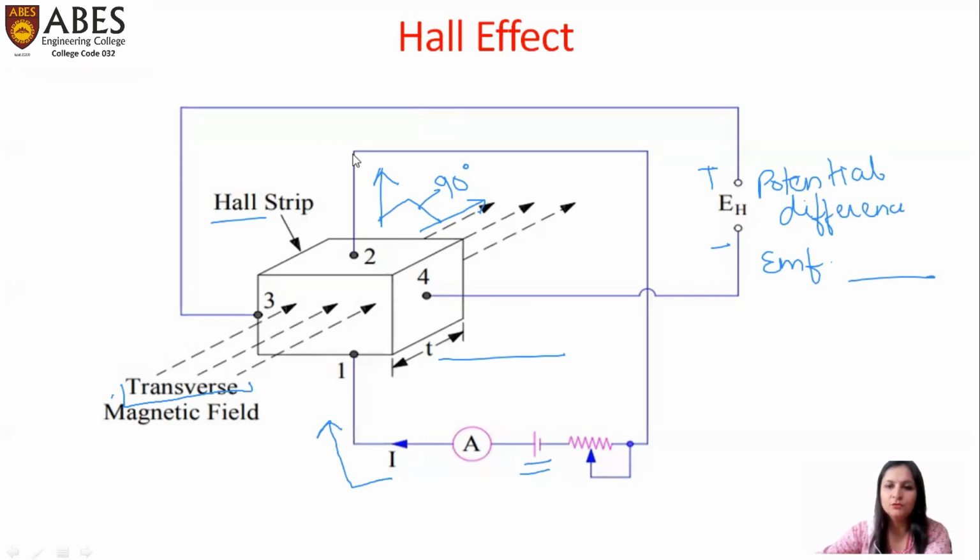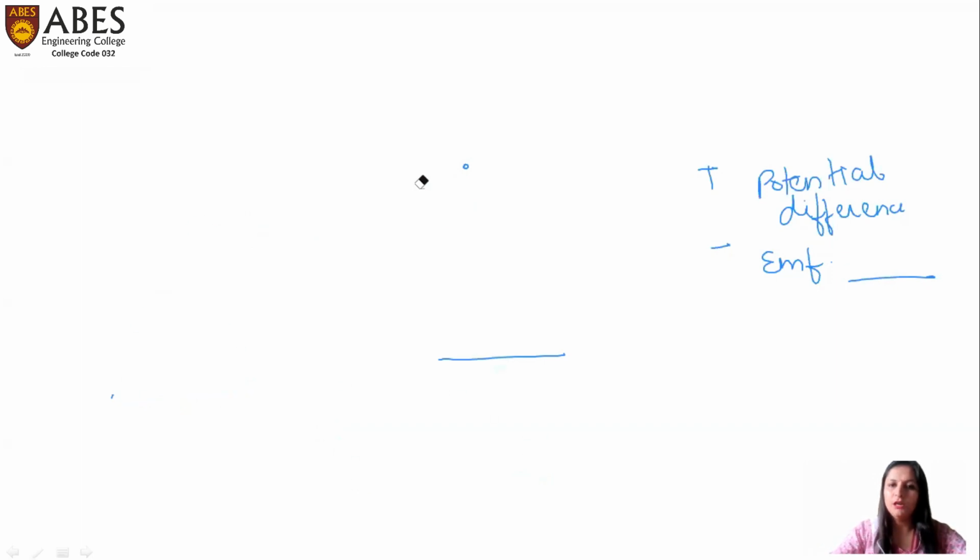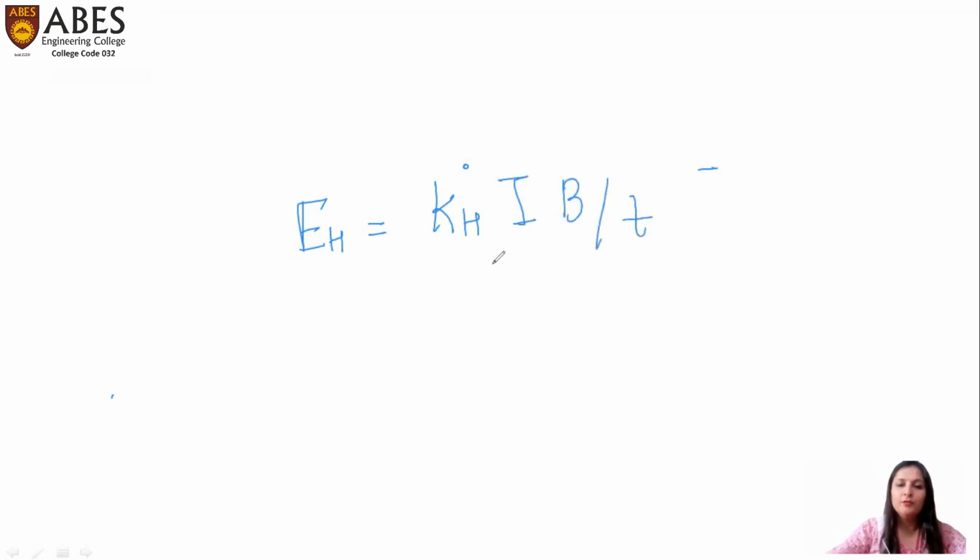Now, whenever we talk about using the Hall sensor, we use these types of Hall effect conducting strips. As we see, these strips will give an EMF. This EMF is calculated as EH equals KH times I times B divided by T, where KH is the proportionality coefficient, known as the Hall effect coefficient.